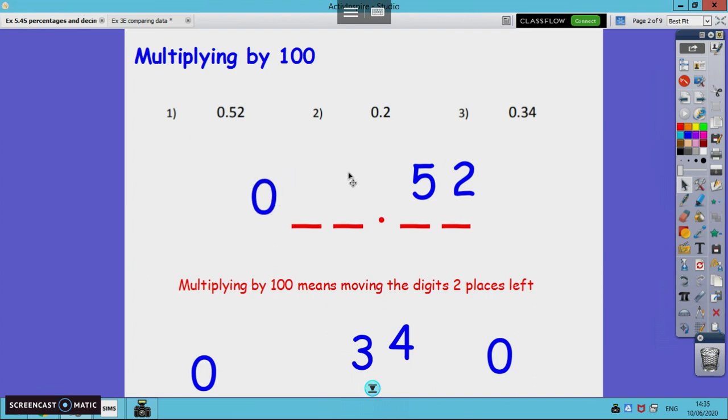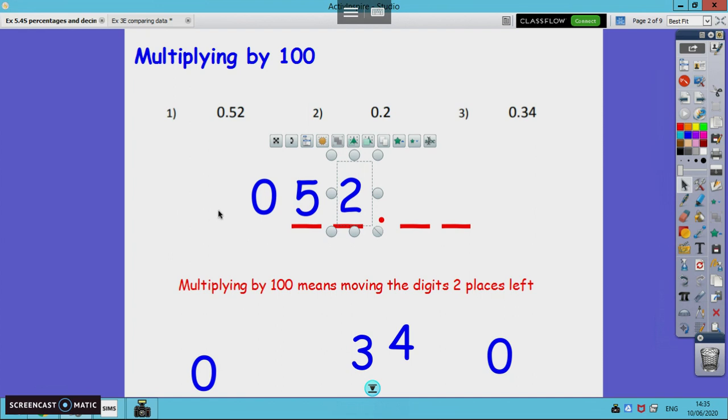That zero's there. 1, 2, and then 1, 2. Now, do we say 0.52? No, we don't. So we would get rid of that 0 at the start there, and our answer would just be 52. Okay, so 0.52 multiplied by 100 is 52.